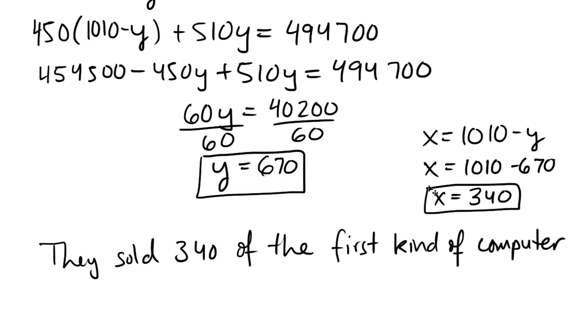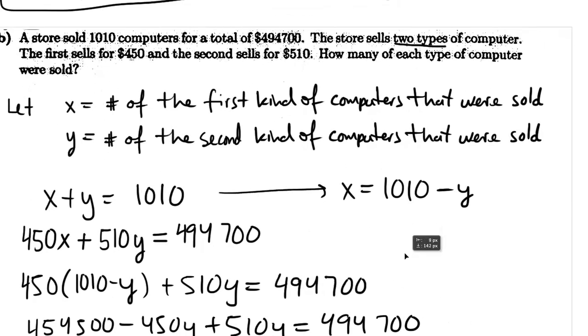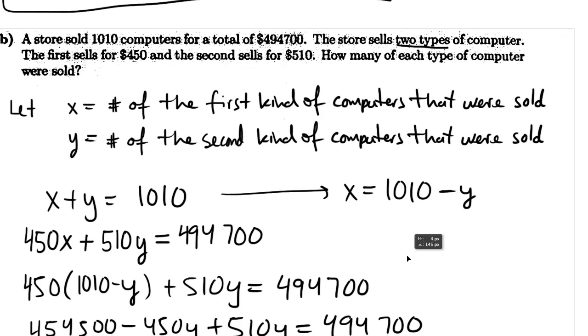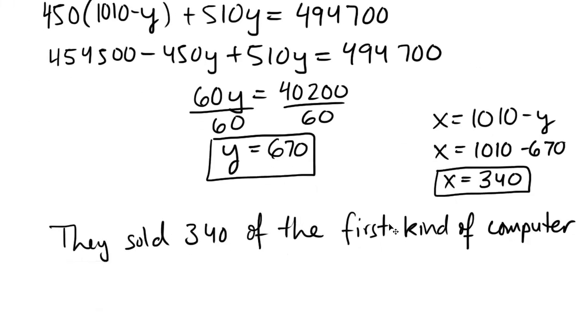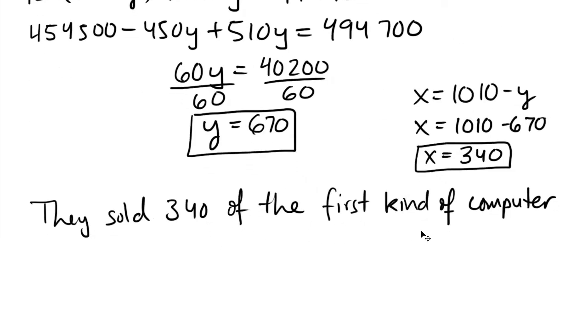Did they use the words first kind and second kind? Yeah, pretty much. The first sells for that and the second. So that's fine. They sold 340 of the first kind of computer, which is the cheaper one, right? And 670 of the second kind.